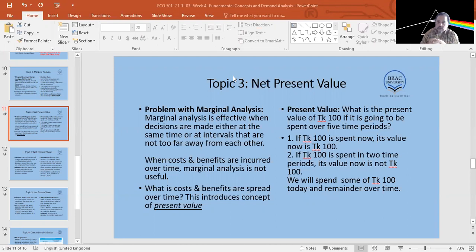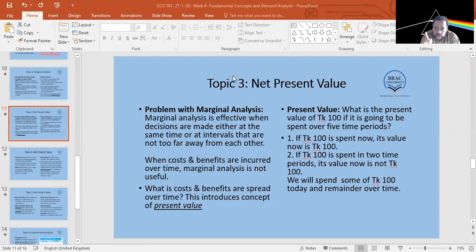So how much is this 1000 taka now worth at the beginning of the week? It's not worth 1000 taka because today on a single trip, you will be spending only 100 taka of it. So although we have 1000 taka in our pocket, this is not worth 1000 taka right now. It's worth only 100 taka, 10% of the value that's written on the piece of paper.